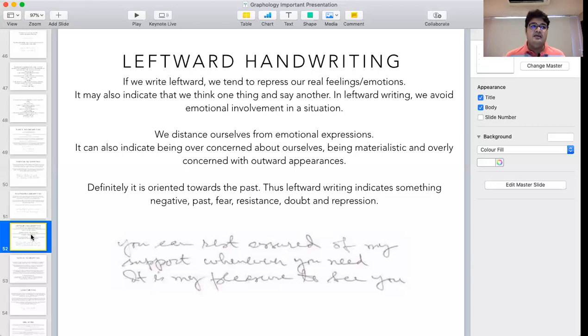So anybody who also has a low self esteem, right? Someone who does not open up as easily, takes their own time to open up with people, do check their handwriting. So it indicates negative, past, fear, resistance, doubt, and repression.